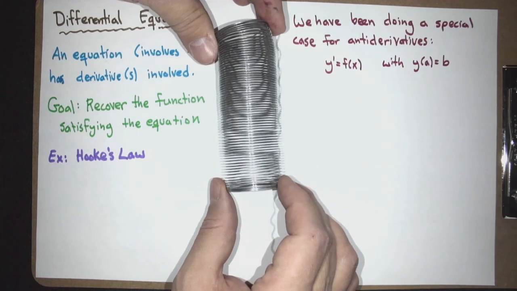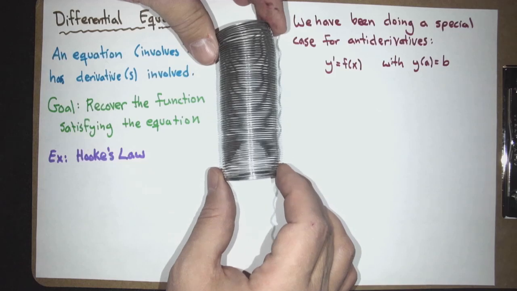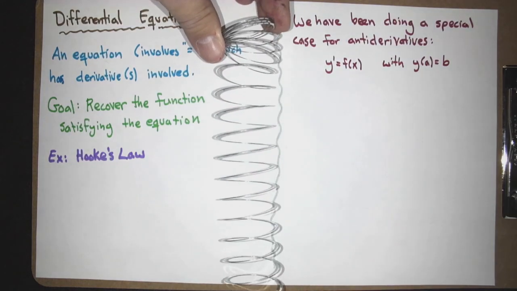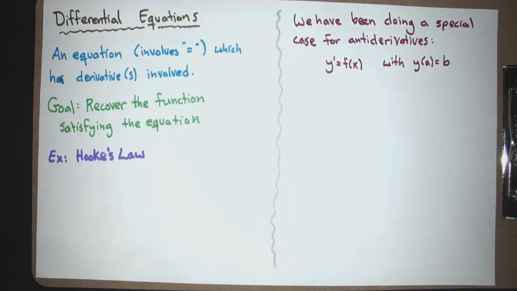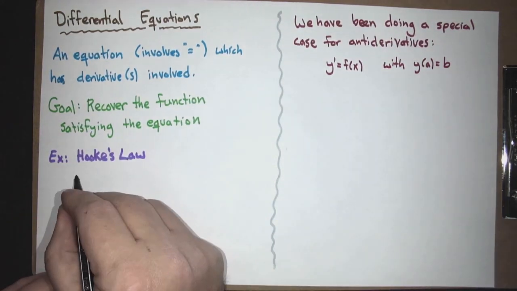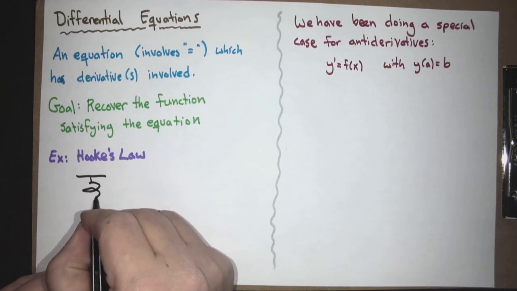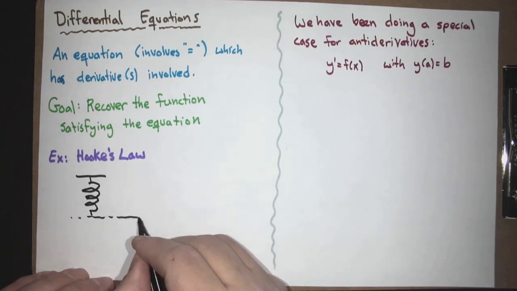If you stretch it a little bit, it'll pull up a little bit, but it's not going to pull very hard. If you stretch it a lot, it'll push really hard to go back up. So, Hooke's law says that if you have a spring, so imagine that you have a spring. So here's our spring. There's sort of a resting state.